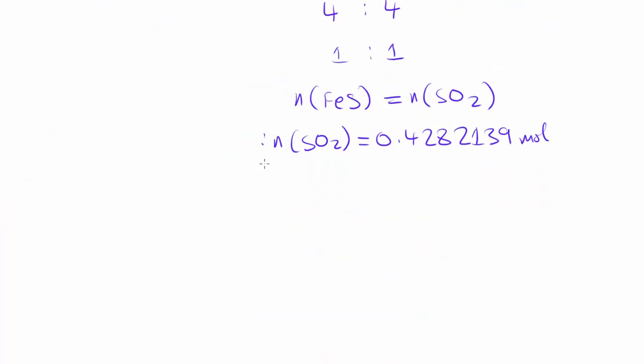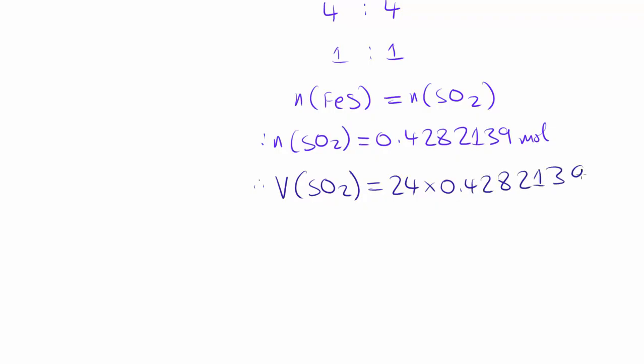So therefore the volume of SO2 is going to be equal to 24 multiplied by our number of moles. So that's going to be 24 times 0.4282139.